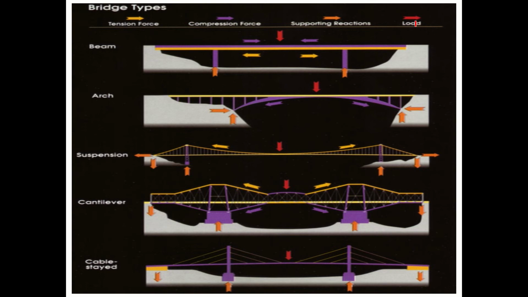The first bridge is made up of a beam. At the bottom section there is tension because this portion acts like a simply supported beam, and the top portion is in compression. These are the reactions, and this is the applied load.